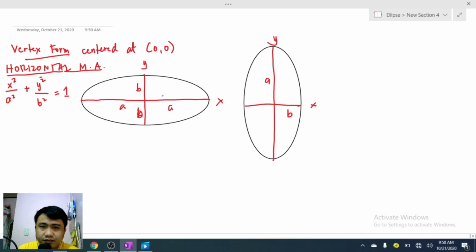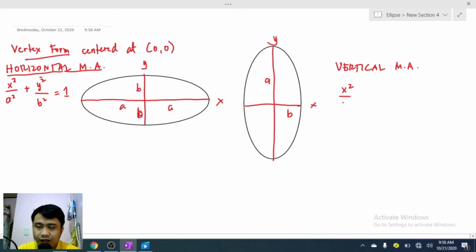Okay? And of course, kapag vertical naman, pag vertical yung ating major axis, x squared, this time naman, since ang ating minor axis ay along the horizontal, nakatapat siya sa x squared.